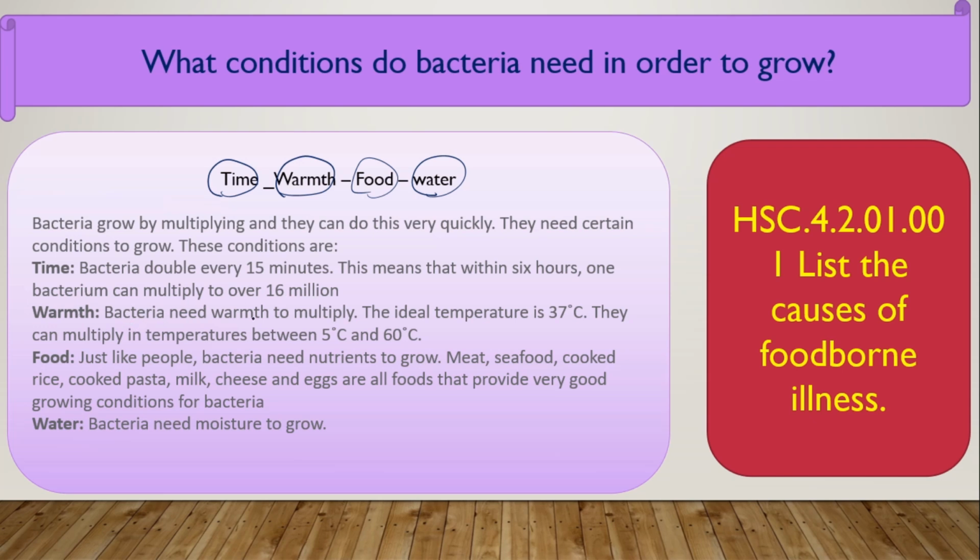Warmth: the ideal temperature is 37 degrees Celsius, and they can multiply between 5 and 60 degrees Celsius. Food: just like people, bacteria need nutrients to grow, like meat, seafood, cooked rice, cooked pasta, milk, cheese and eggs. Water: bacteria need moisture to grow. So the conditions are time, warmth, food and water.